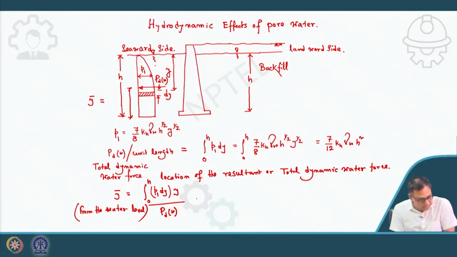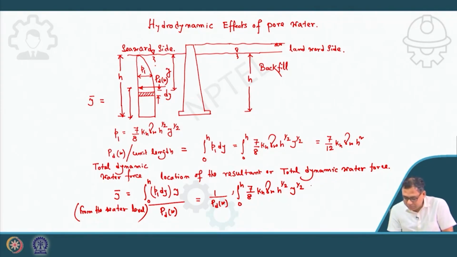So, now if I integrate further, it will be 1 by P d w, then this is 0 to h, P1 is again 7 by 8 kh gamma w h to the power half y to the power half into dy, okay, into y, because this y is there now.